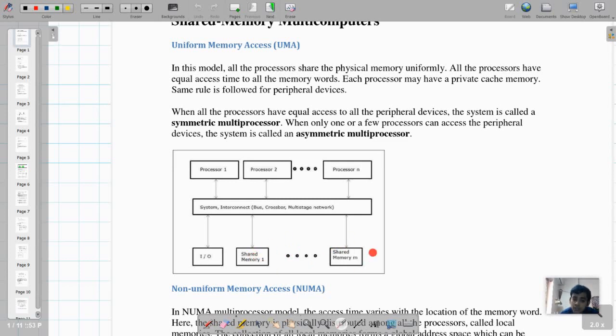But these memory elements are independent of the processors, and they are connected to the processors through an interconnection network. This interconnection network has bus, crossbar, then multi-stage networks implemented in them, which we are going to study later on in this module.